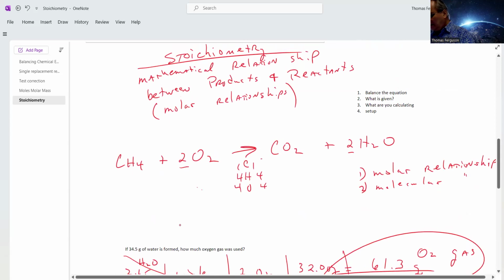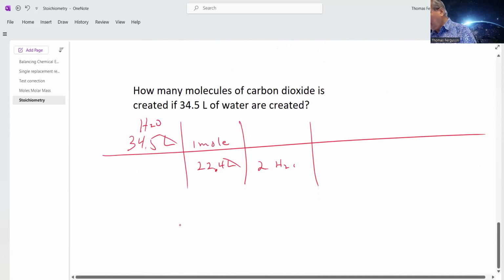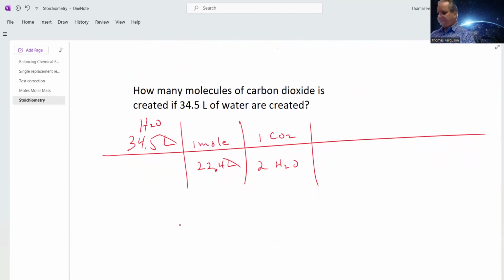So that's water's 2. Okay, so now we have moles of carbon dioxide. Now we need to go to Avogadro's number because we want to know how many molecules. Okay, so now we got molecules of CO2. Everything else cancels.